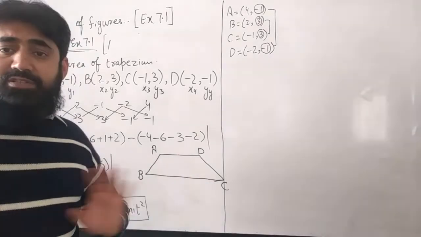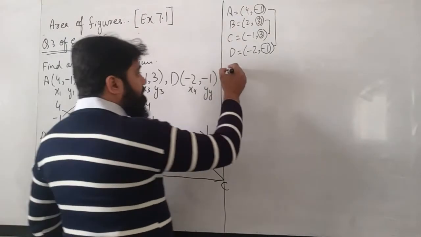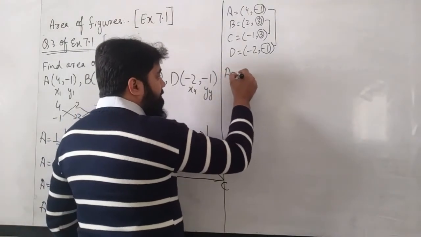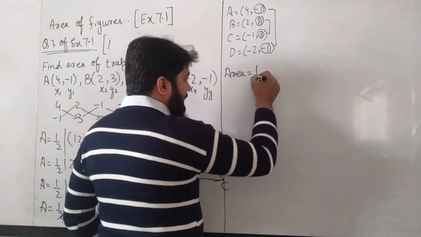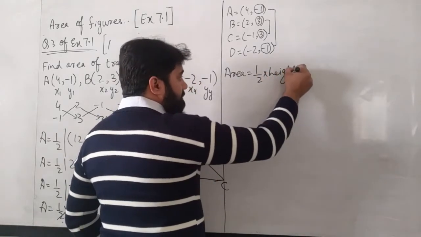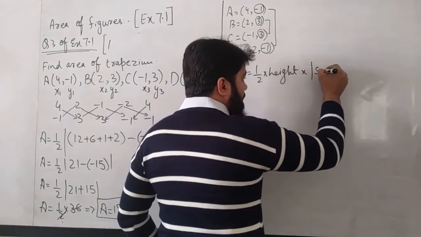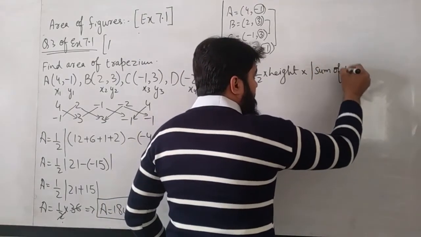It's just a rough sketch. You don't have to worry about it. Okay. So, the area of a trapezium formula is half into height into the sum of parallel sides.